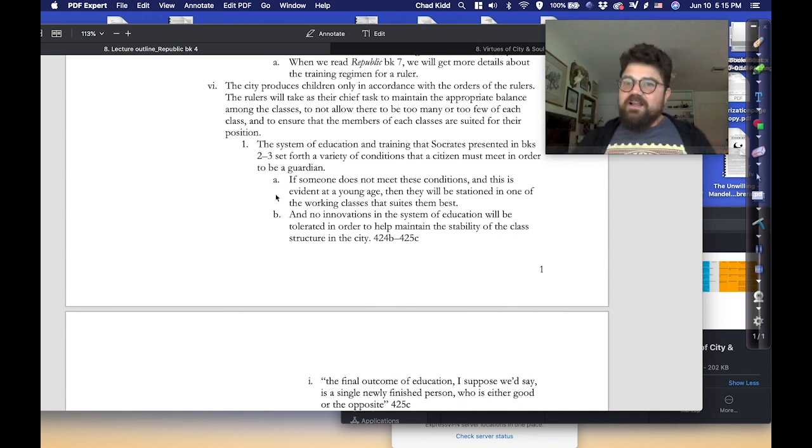And then finally, we're left with this third class, this really remarkable set of people who are both really good with things intellectual and really good with things physical. These are our guardian class people, right?